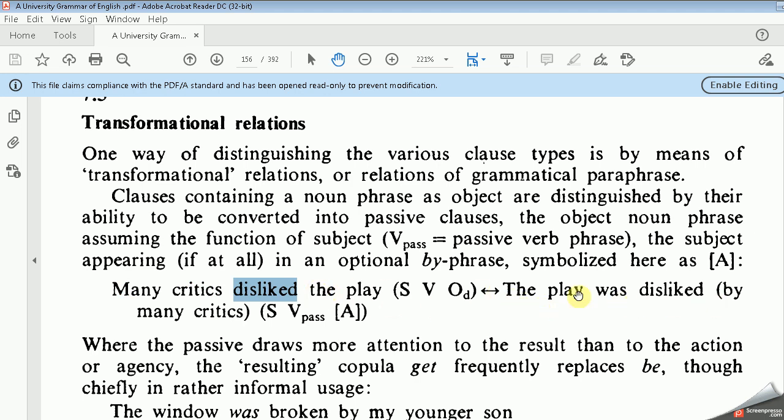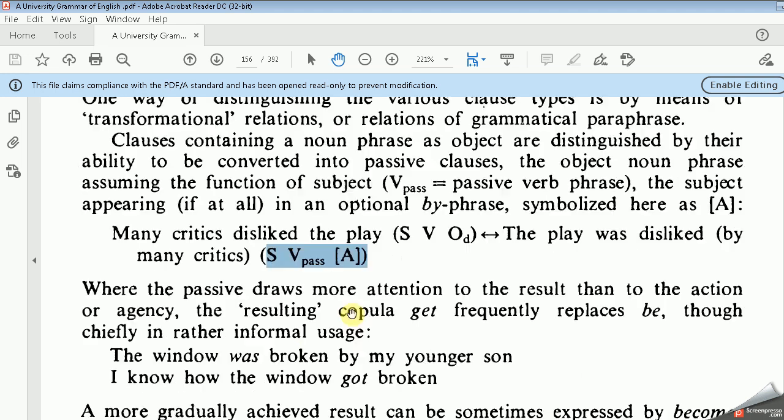So the play, the object, occupies the position of the subject, while many critics becomes an optional element that can be put at the end of the sentence, by many critics, taking the form of the structure S V-pass plus optional A.